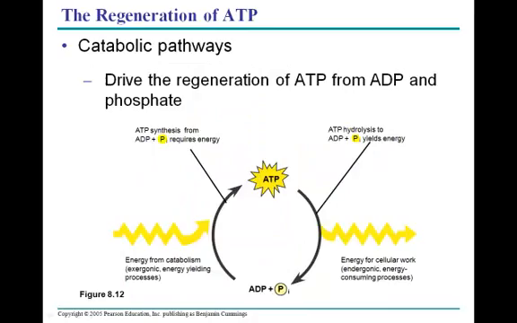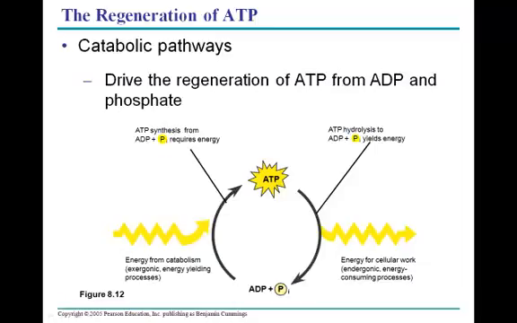The regeneration of ATP is also important, and we'll get into the details of how this happens. As you can imagine, if you continue to break down ATP to ADP plus phosphate, there must be some mechanism by which you can regenerate the ATP. ATP going to ADP results in energy for cellular work.